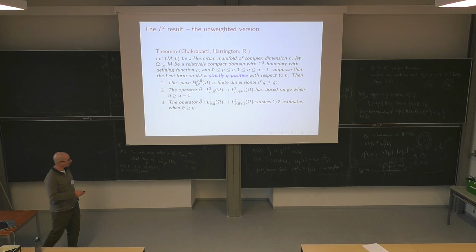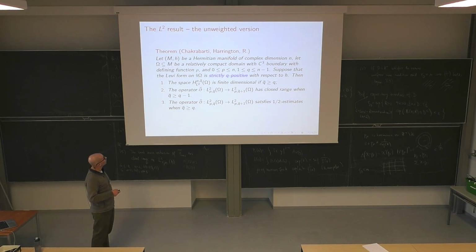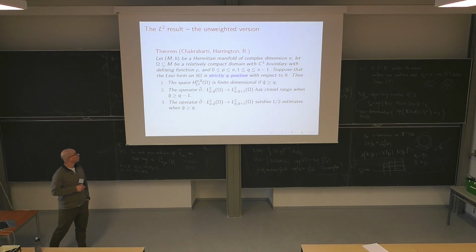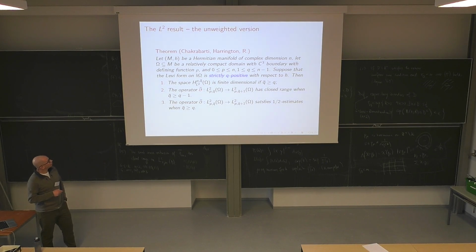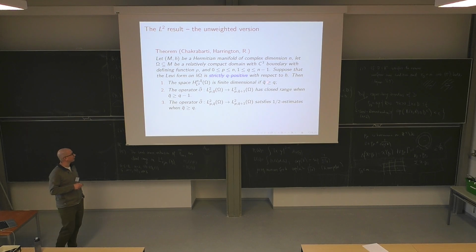We also have another L2 condition here. If we take the Levi form to be strictly Q positive, then we have, this should be a 0 here, that the L2 cohomology is finite dimensional.